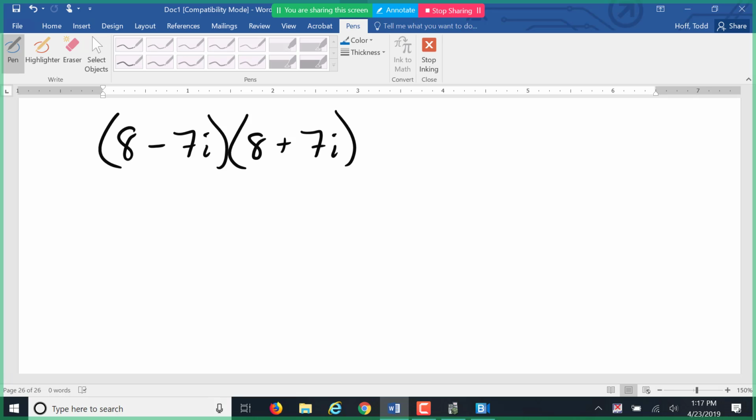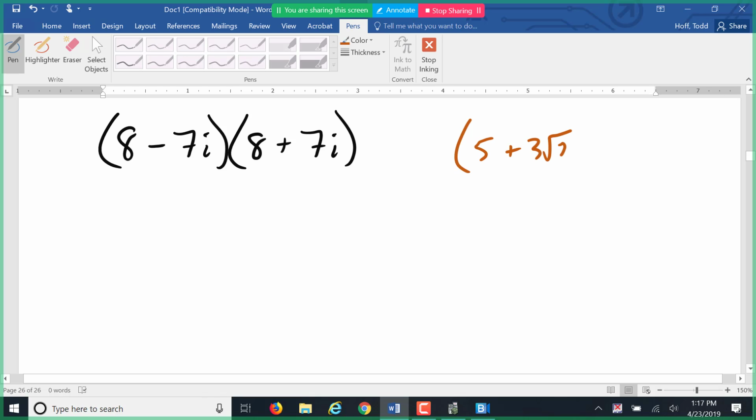So you might notice this is very similar to what we did with our radicals, when we had something like 5 plus 3 square roots of 2 and 5 minus 3 square roots of 2.